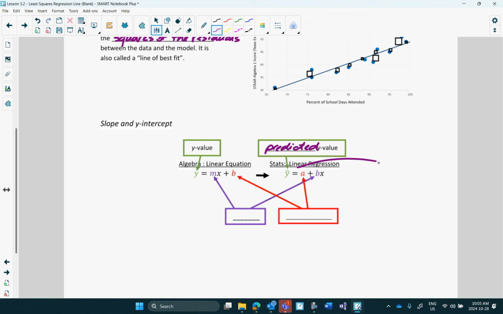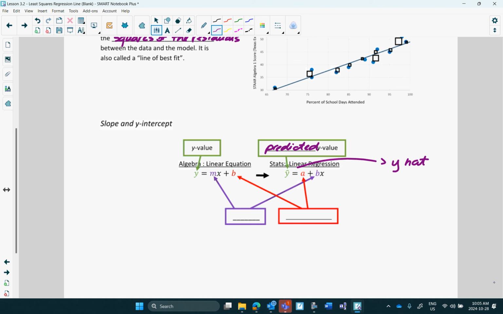And we call that y with a little roof over it, y hat. Instead of writing the y-intercept at the end, we write it at the beginning, and we call it a.